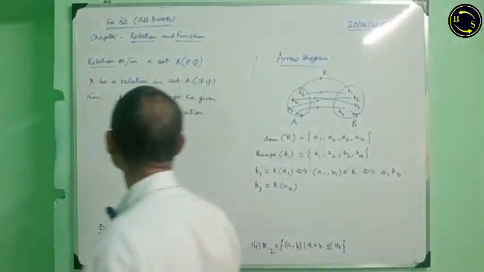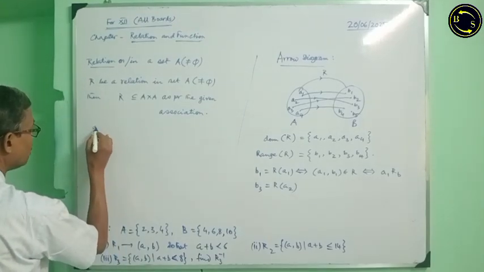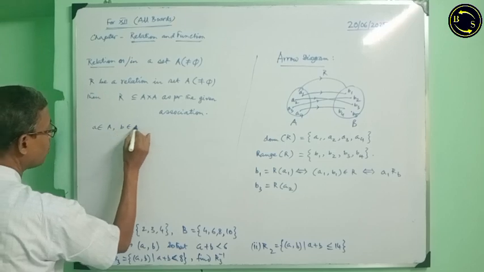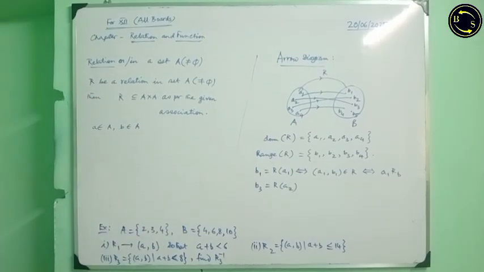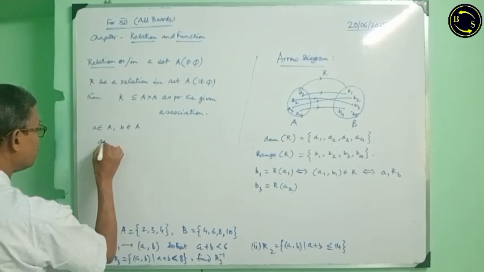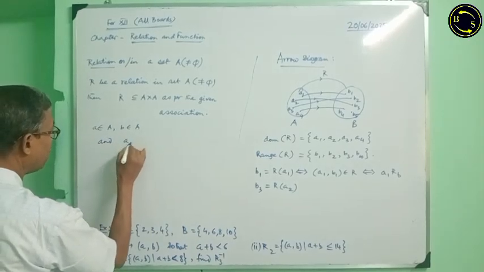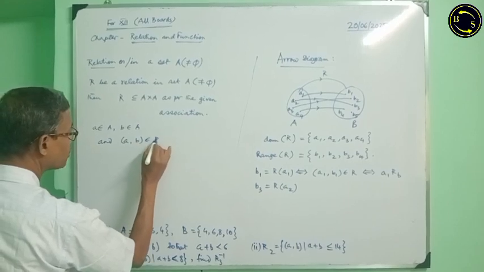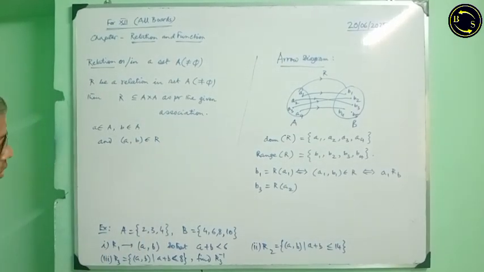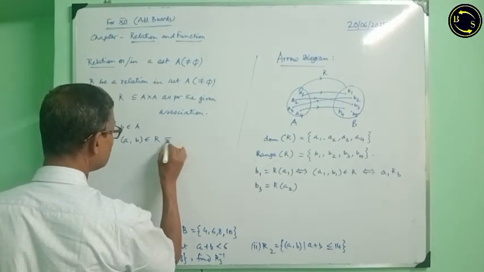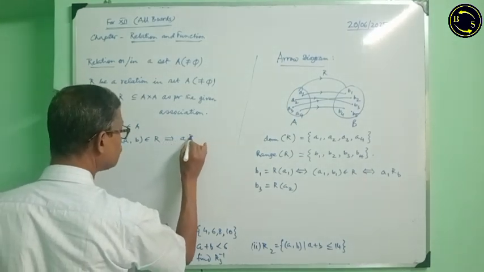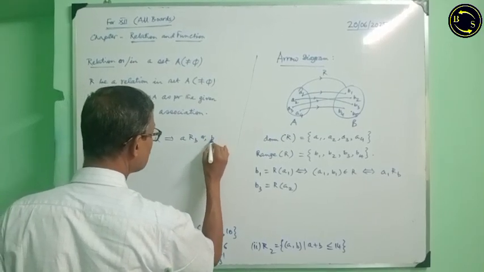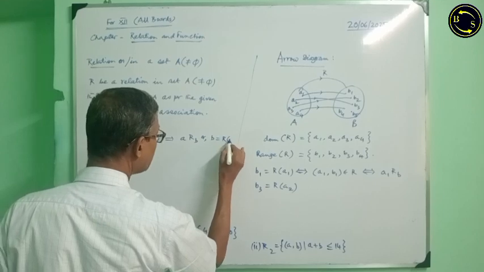If A and B both are members of the same set A, and the ordered pair AB is a member of relation R, then A is related to B, or we write B equal to R(A).